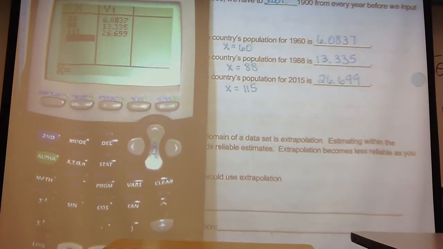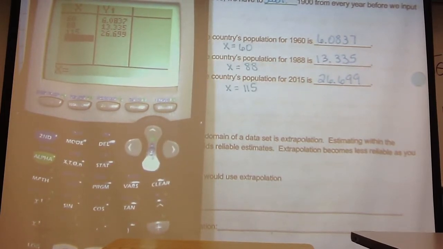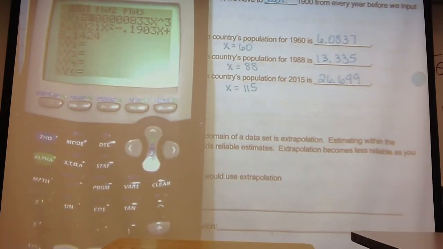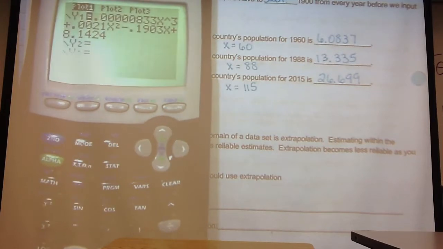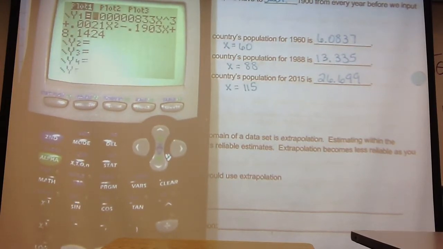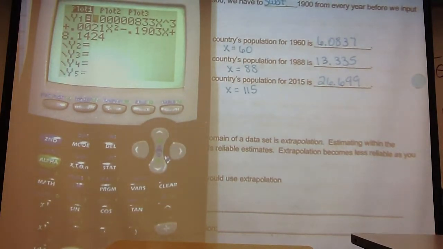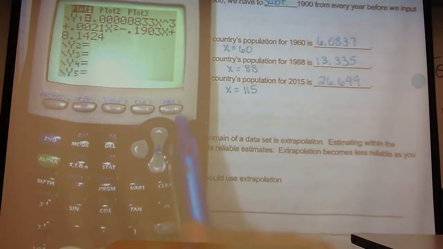Okay, any questions about how you do that? If your answers are not the same as mine, go back to y equals and make sure your equation is in there correctly. 90% of the time that is the issue, is that your equation has been typed in incorrectly.